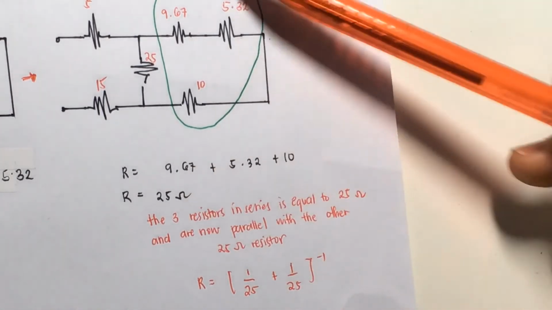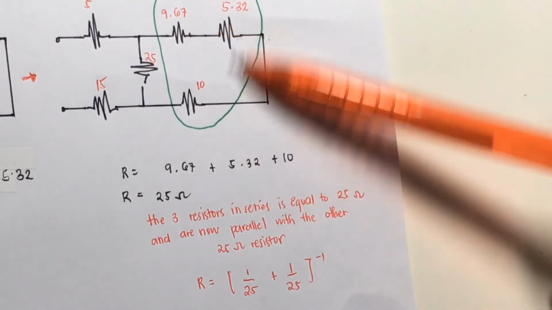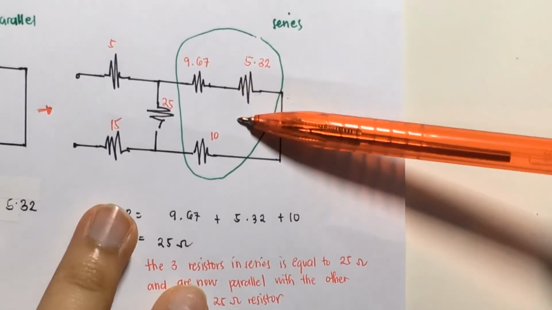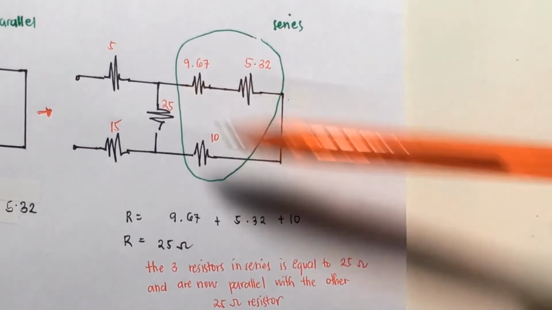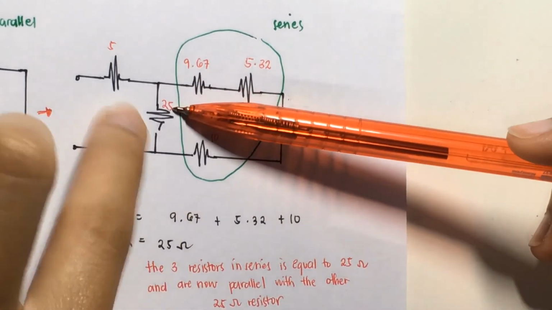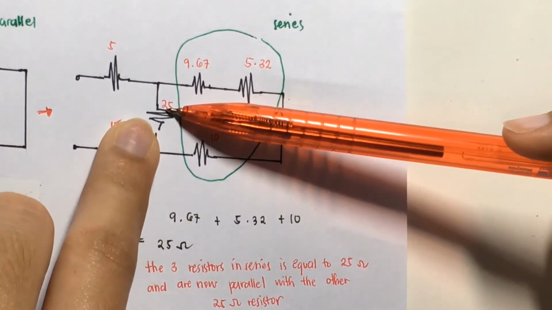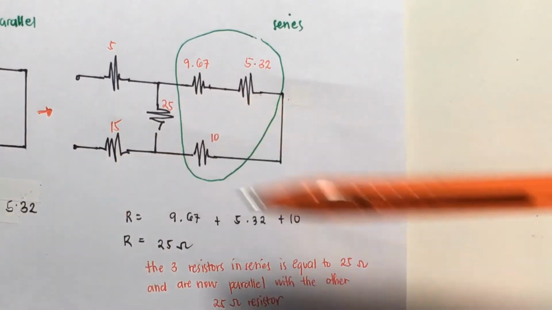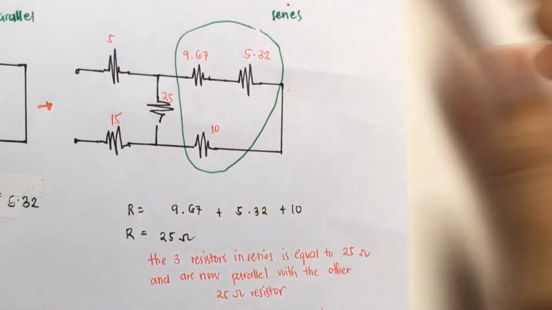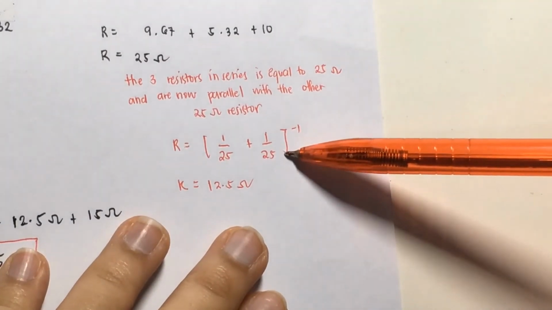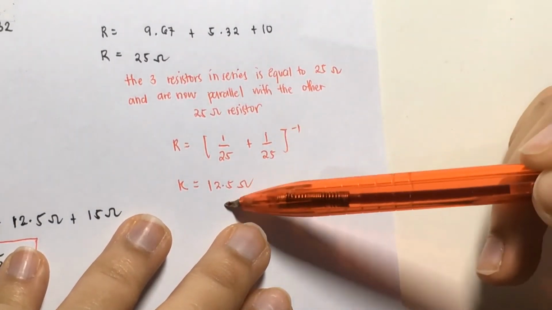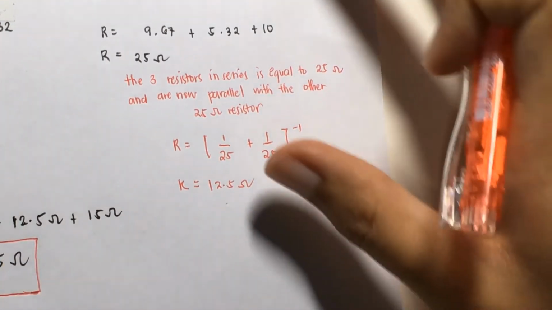So these 3 resistors equal 25 ohms and are now in parallel with this resistor here that has a value of 25 ohms, so we add the 2 inversely and get 12.5 since it is parallel.